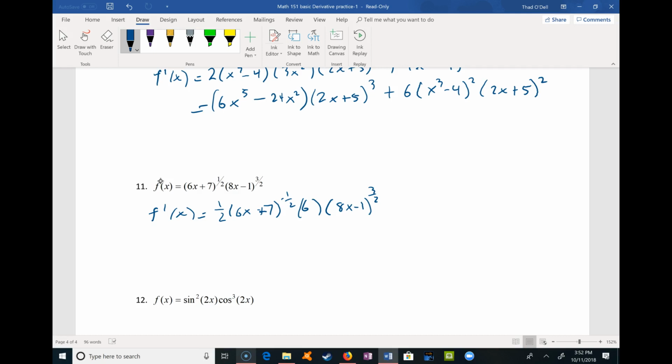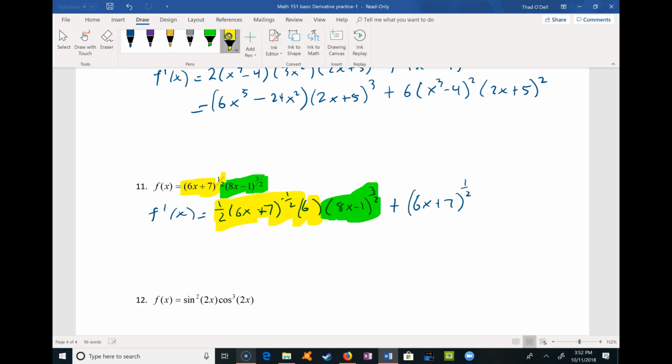So this whole section here is the derivative of that. And then this, of course, is just that, as is. Plus, then I'm going to just write 6x plus 7 to the 1/2. And we'll color that in yellow because that's coming from the yellow spot up there.